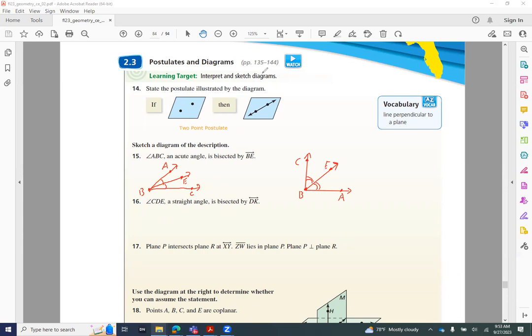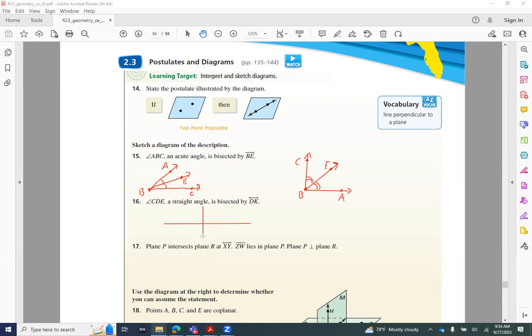On 16, angle CDE is a straight angle. It is bisected by line DK. So we are going to have a straight angle, which I'm going to do by drawing a line.